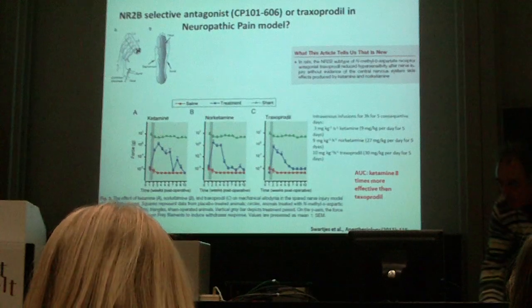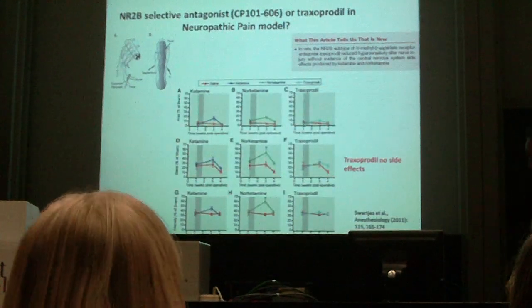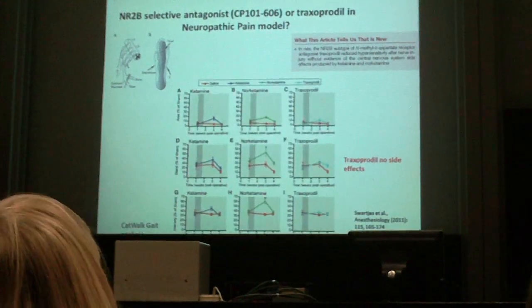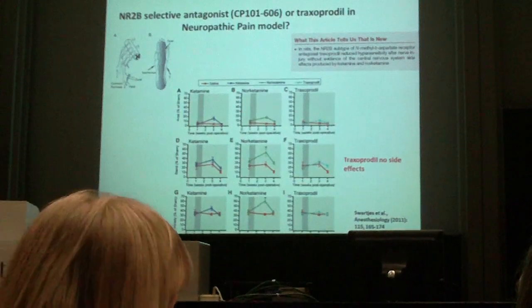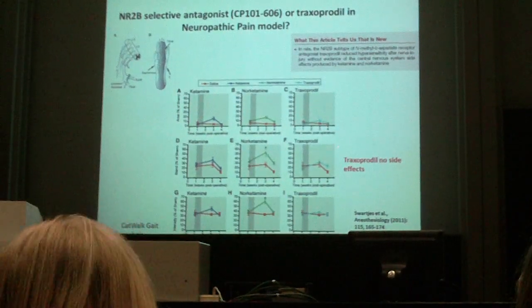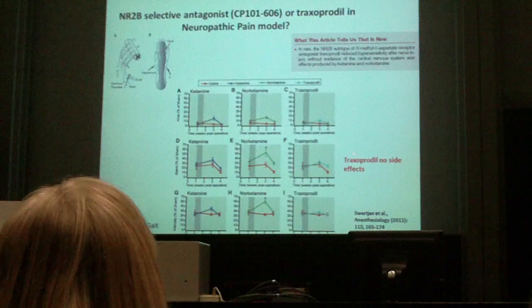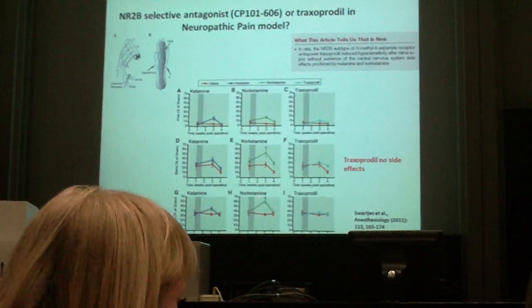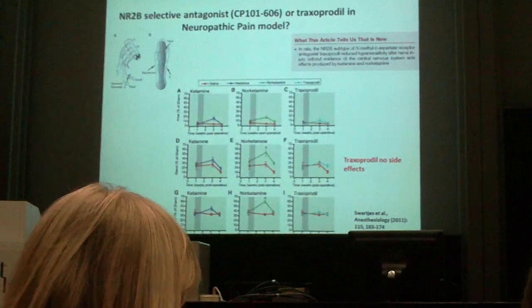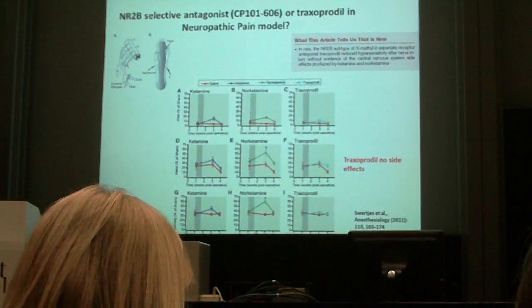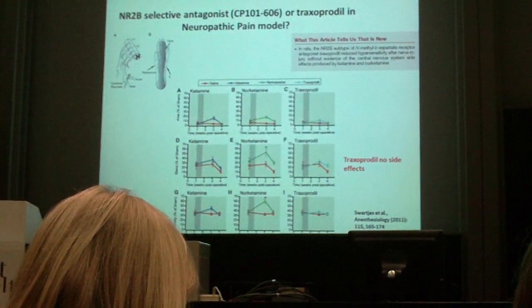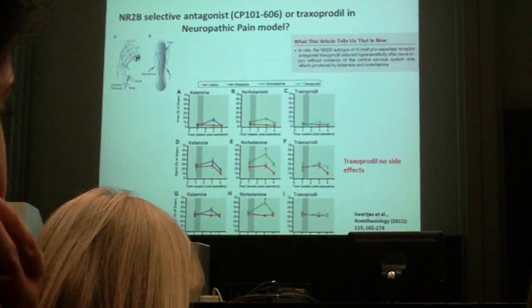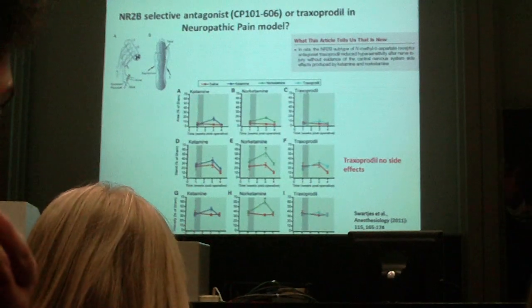And now I come to the side effects, and they tested that with a CatWalk. The traxoprodil did not show the side effects as shown with norketamine or with ketamine. These are other CatWalk gait analysis related motor aspects, walking aspects.